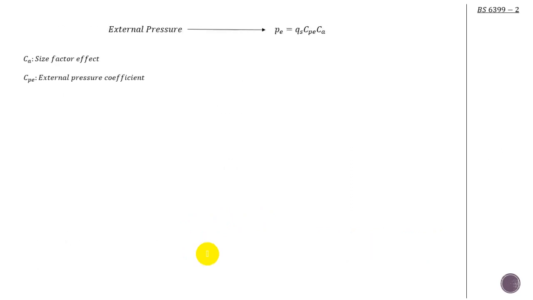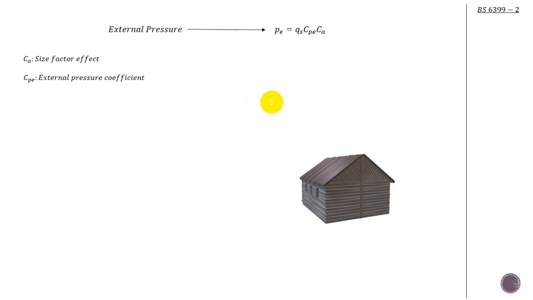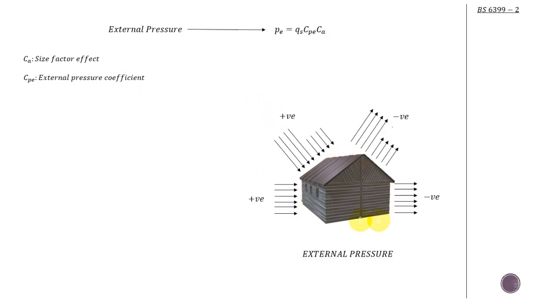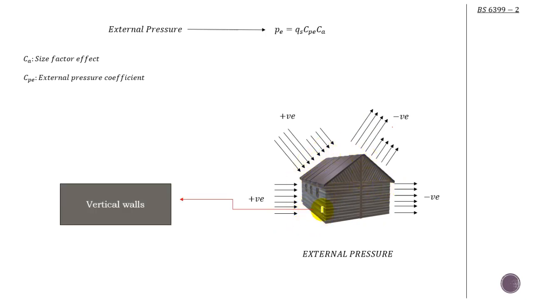Now we're starting with the external pressure. So remember, we are looking for the CPE, that's the external pressure coefficient. Now if I've got this building, okay, and I have the wind blowing as seen, just remember the walls are going to have different pressure compared to the roof, okay?